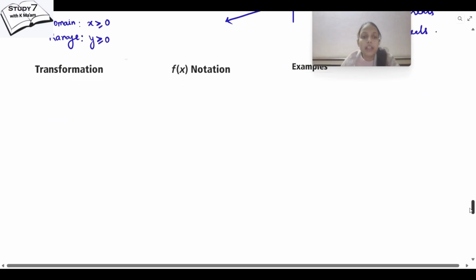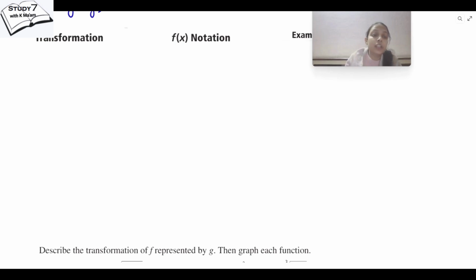Next is transformations. What are the different transformations we have? The first one is horizontal translation.